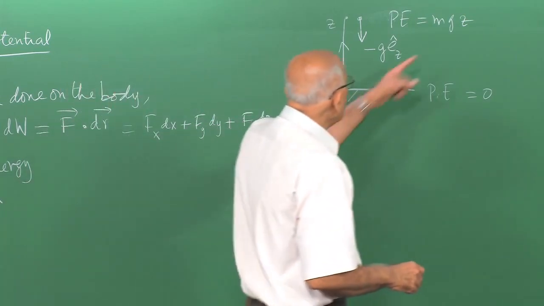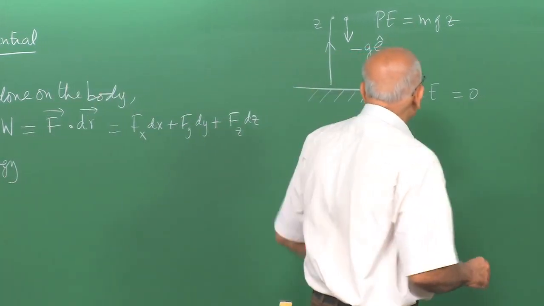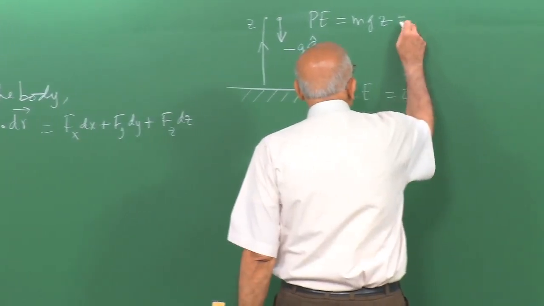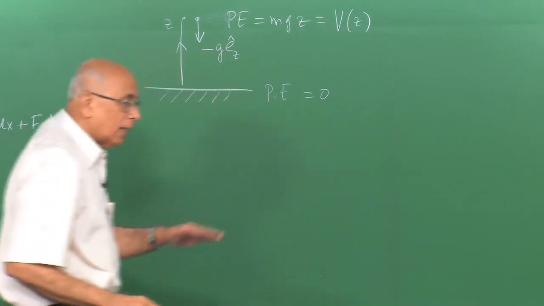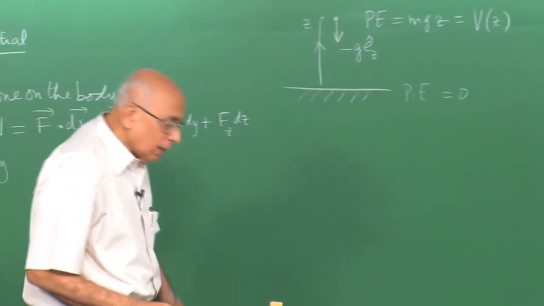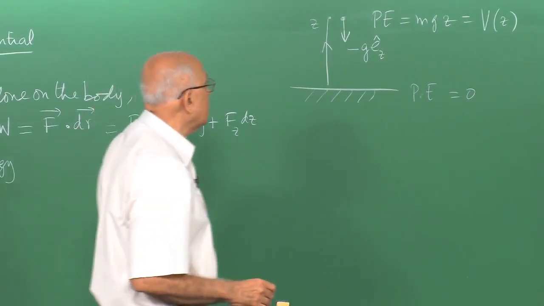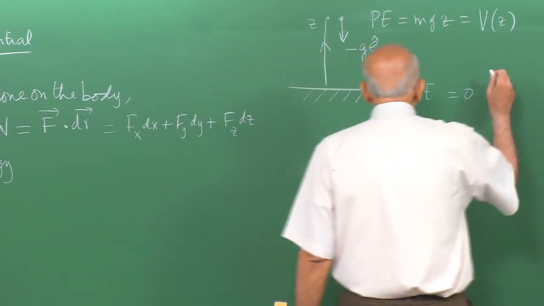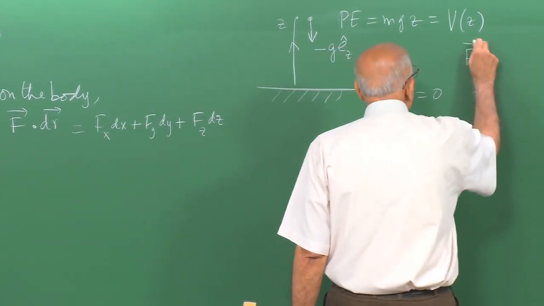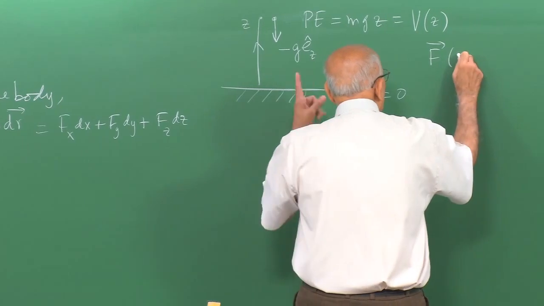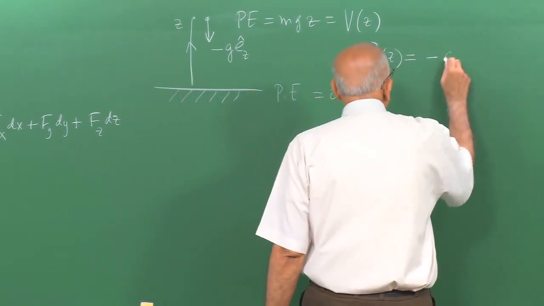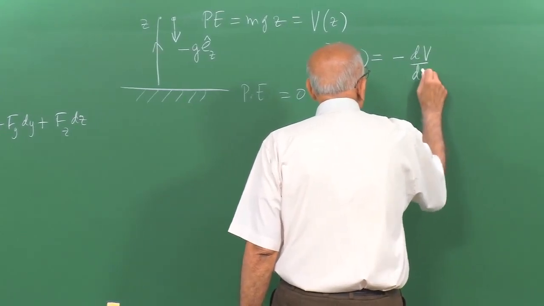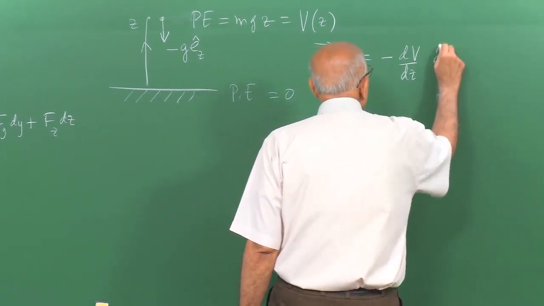It immediately suggests that if I call this V of z, the potential energy at a height z above the ground, taking the ground level potential energy to be 0, then the force on this body, when it is at a height z above the ground, is equal to minus dV over dz times Ez.